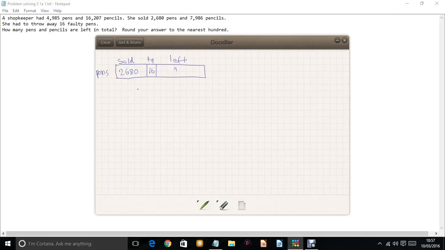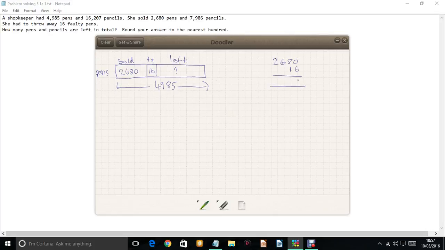I do also know what the total amount is, don't I, for how many pens I had at the beginning. That's 4,985. So hopefully you can see that if we take these away from this, we're going to be able to calculate this question mark here. The first thing to do is 2,680. We need to add the 16, because I'm just going to add those as a block.